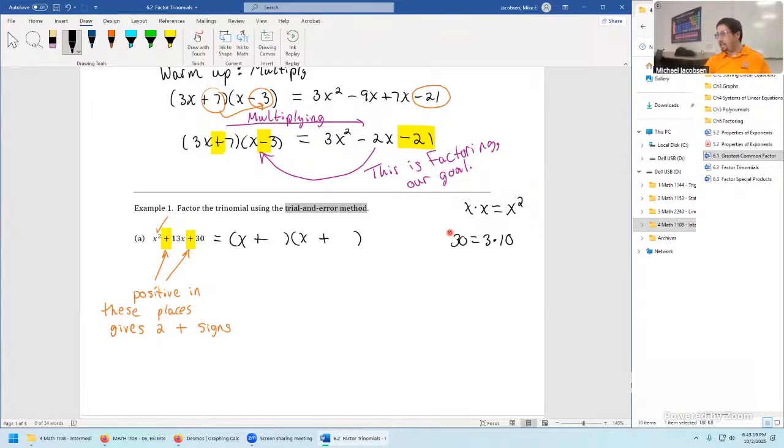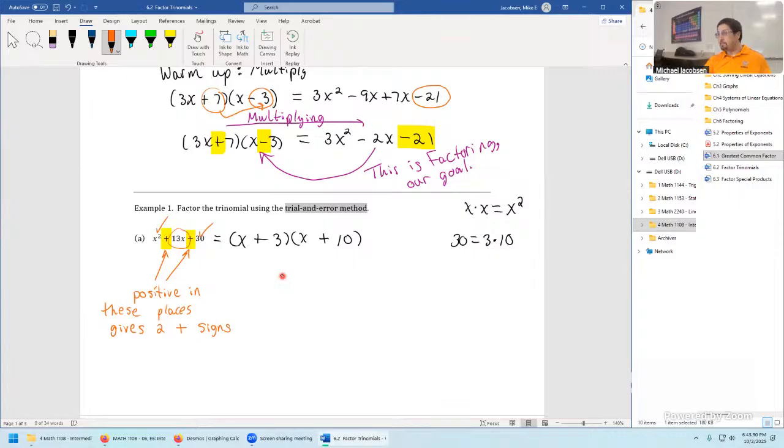So if we try out, say, a 3 here and a 10 here, well, we know for sure that when we go to FOIL out, much like what we see up here, the 3 times the 10 is going to give us a positive 30. So the 30 term is decided as well. If we get the 13x, our work is completely done. So oftentimes that's the hardest term to nail down when you're reversing this and trying to factor.